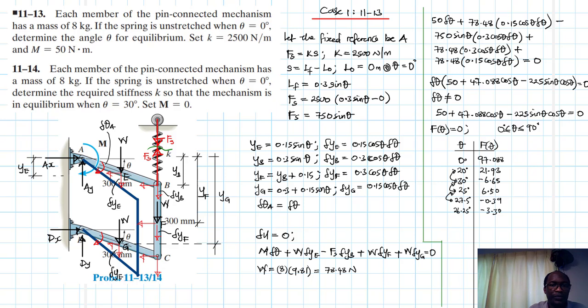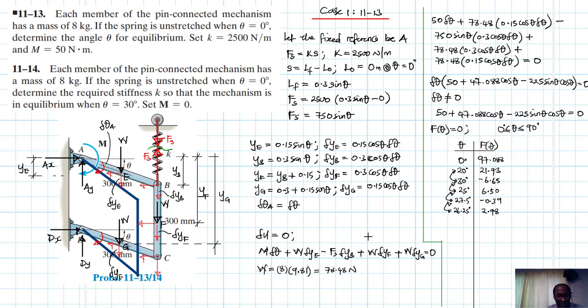All right, so this one was not correctly calculated. This gives us a 2.98, right? So we get the average of the two again. Okay, so 27.5 plus 26.25 divided by 2, this gives us a 26.88.